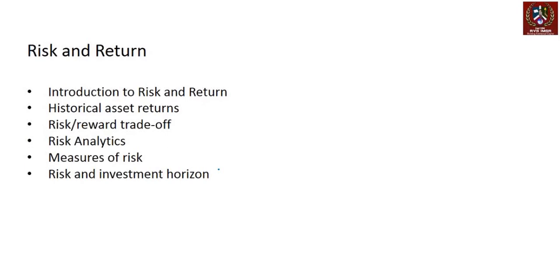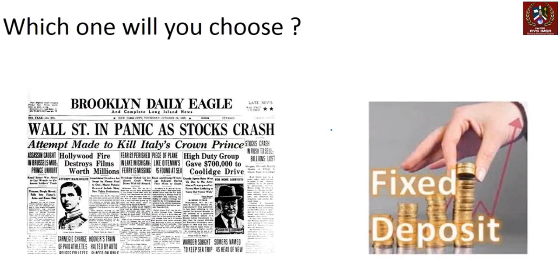So let's begin with a basic understanding of risk and return and ask ourselves a few questions. The first question we would like to ask ourselves is, given a choice in these two images that you see, if someone were to ask you that you have to invest money in either the stock market, or what we know as equities, versus bonds, and one of the ways we look at bonds is a fixed deposit in a bank, so a bank FD.